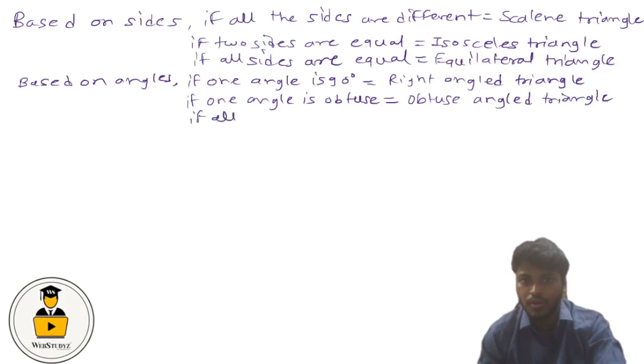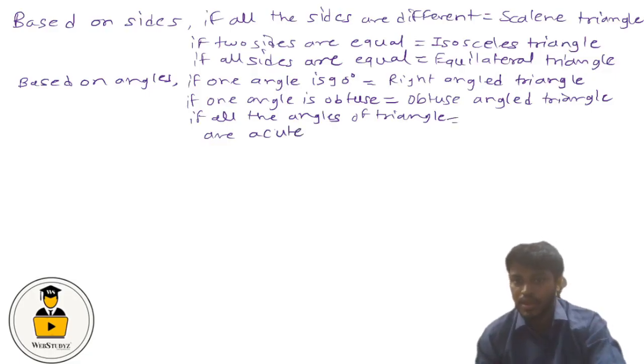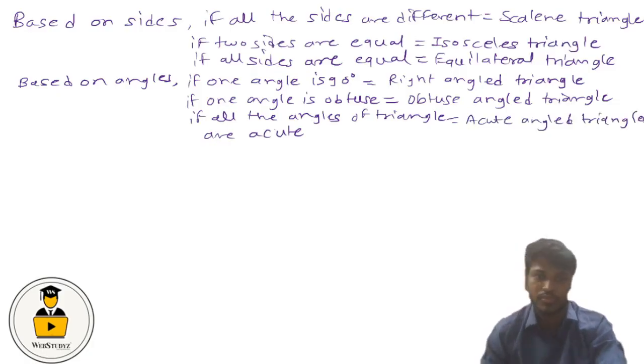And if all the angles of a triangle are acute, that means they are less than 90 degree, then we call such triangles as acute angled triangles. Now let us look at the question.